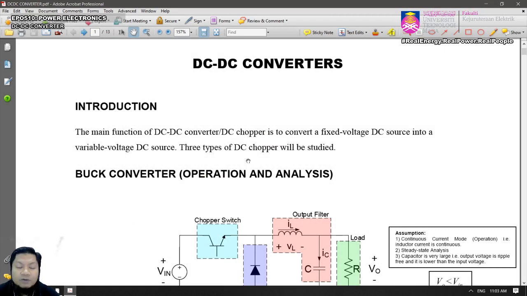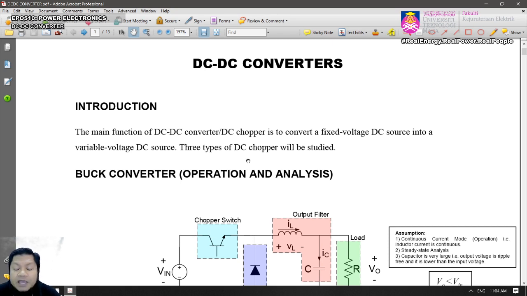So, DC-DC converters, a bit of introduction. The main function of a DC-DC converter, or DC chopper, is to convert a fixed voltage DC source into a variable voltage DC source. There will be three types of DC chopper studied. Think of the situation where the only available source is DC, like a battery.